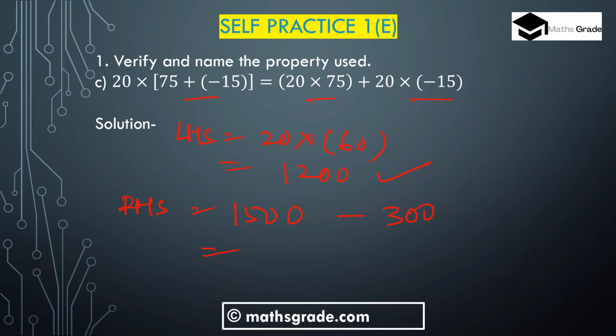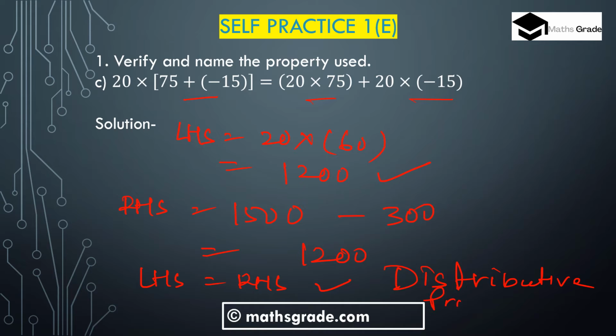Now 1500 minus 300 is 1200. So left hand side is equal to right hand side, and this property is known as distributive property of multiplication over addition.